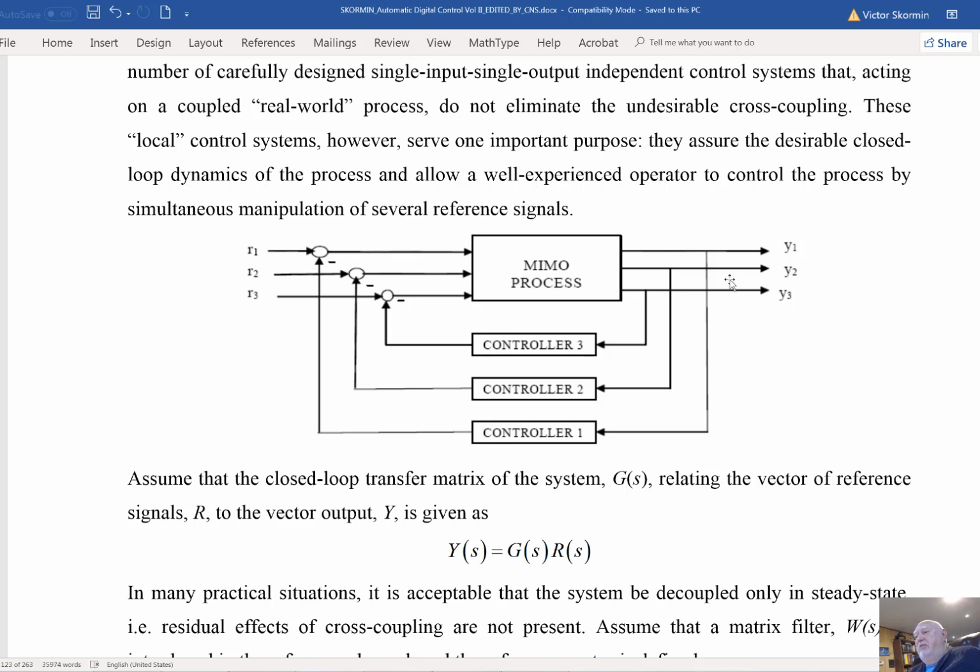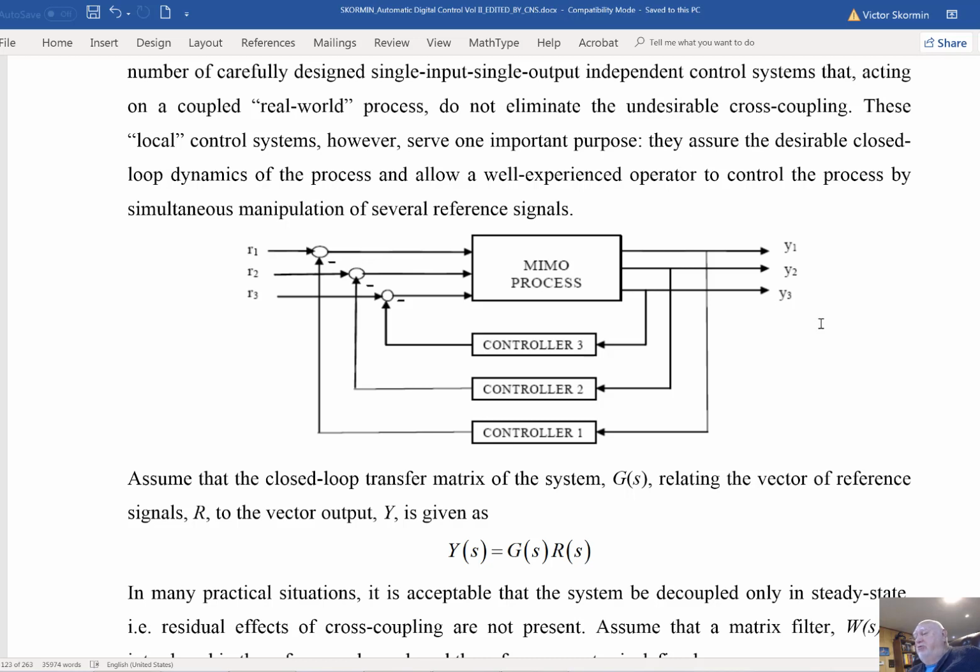However, Y1 will also be affected by R2 and R3. Okay? So, if I have no input at R2 and R3, then R1 would let me achieve the required value in steady state in the output Y1, but Y2 will change and Y3 will change.